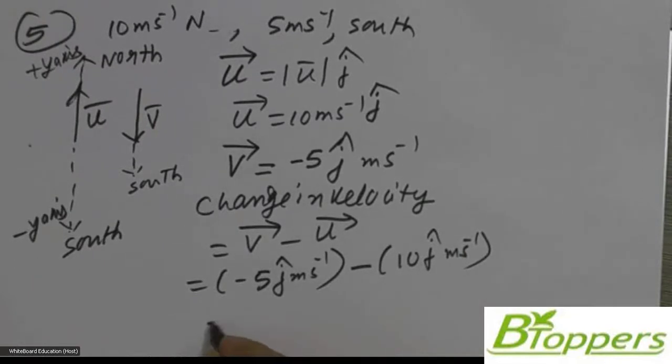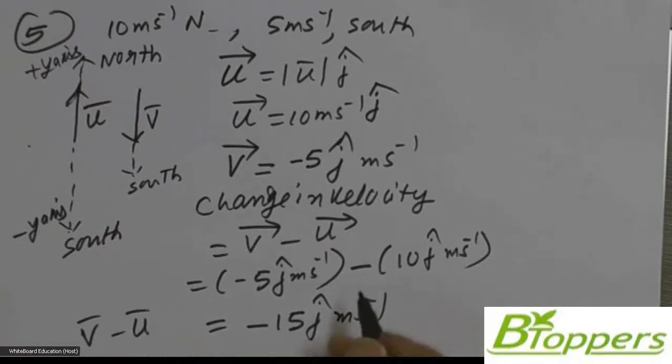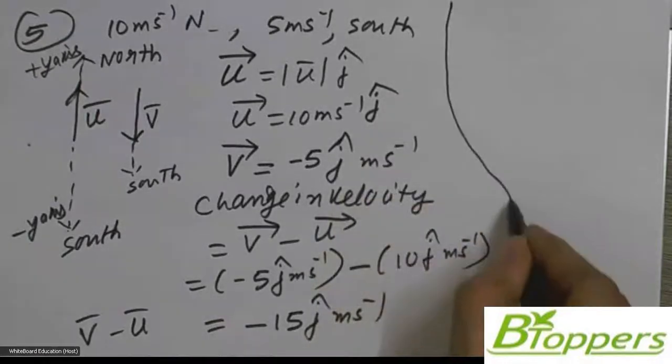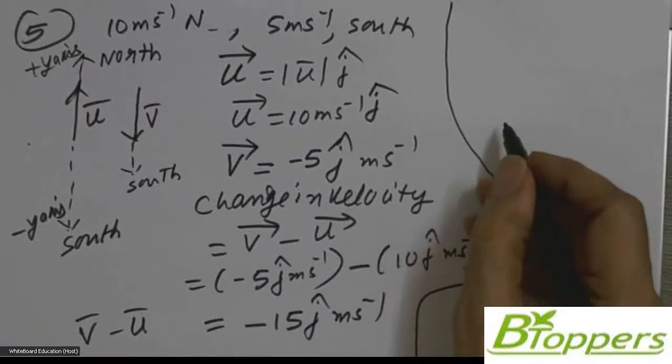So you get v bar minus u bar equal to minus 15 j cap meter per second. j cap is the unit vector along the positive y-axis and minus j cap is the unit vector along the negative y-axis.